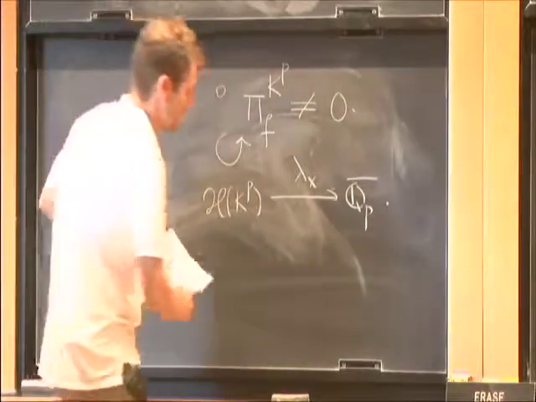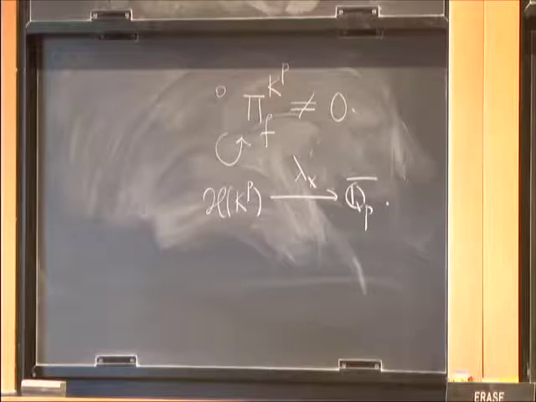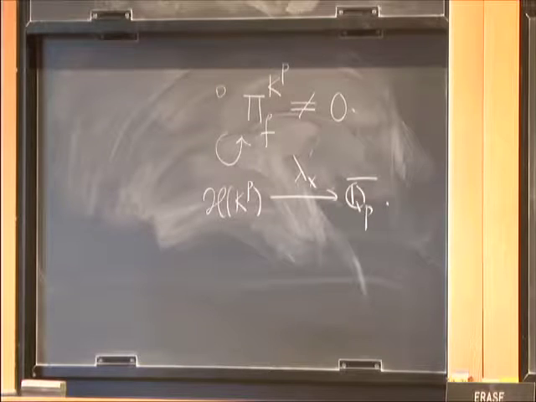So these were constructed by Emerton and Bellaiche and Chenevier. And we're not really going to use much. It's just a convenient way to state the result. So pick your favorite construction of an eigenvariety.